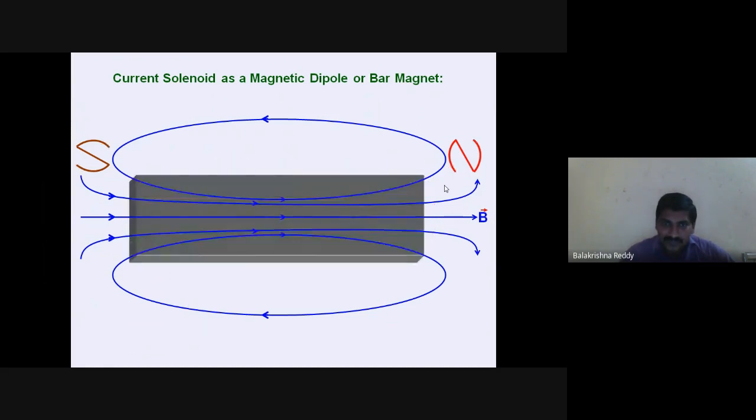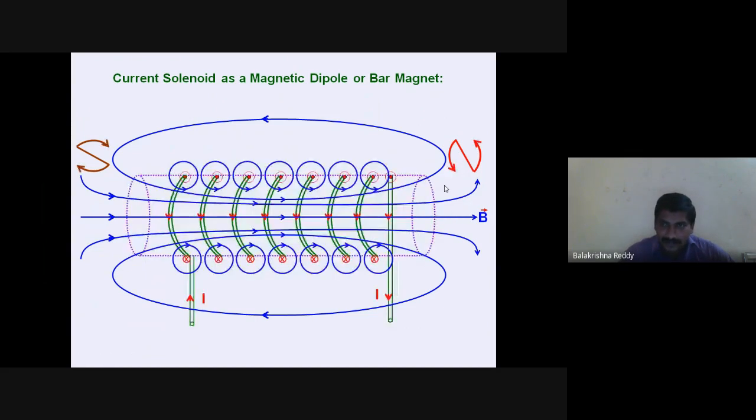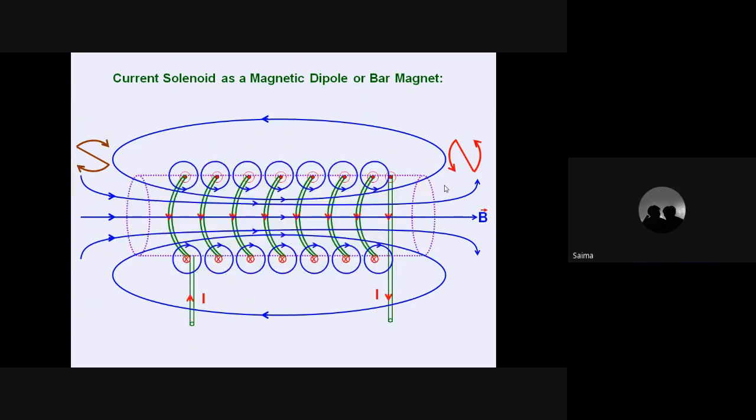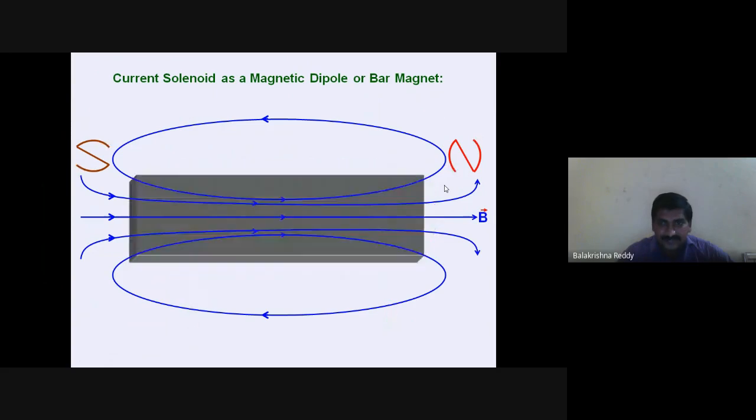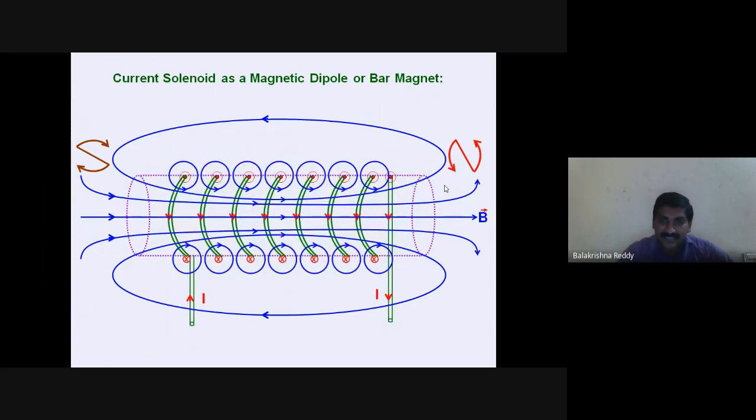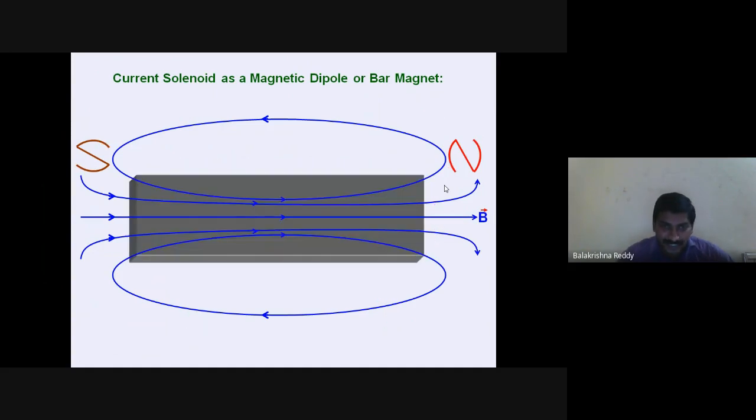See, solenoid and bar magnet, you can feel an illusion. Everything is the same. Just here we are using a cylindrical view with dotted lines, and there you are seeing a rectangle. There we are using the battery for producing the current. Depending on the current, the magnetic field changes.